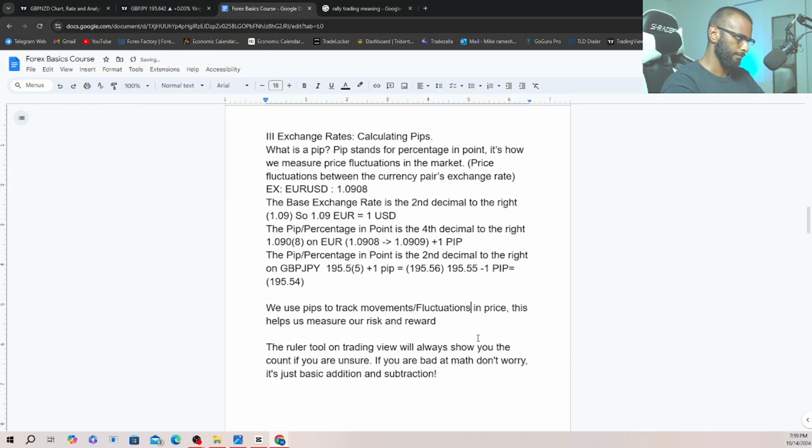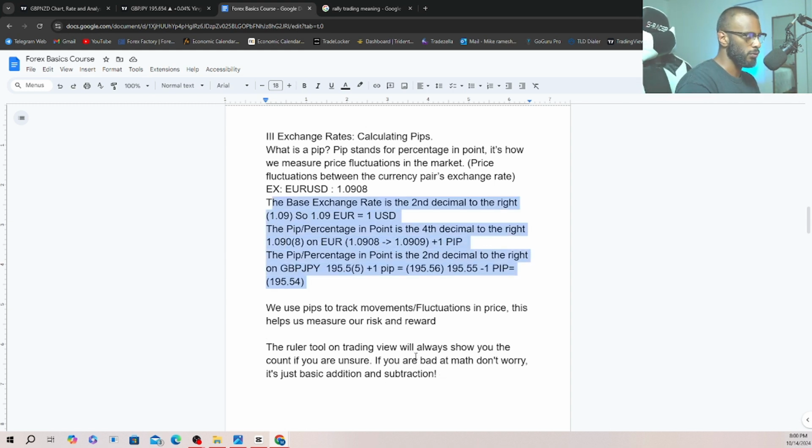Now, the ruler tool on TradingView will always show you the count of pips if you are unsure. So if you're not good at math and somehow this confused you, the ruler tool on TradingView will literally tell you how much the pip count is.